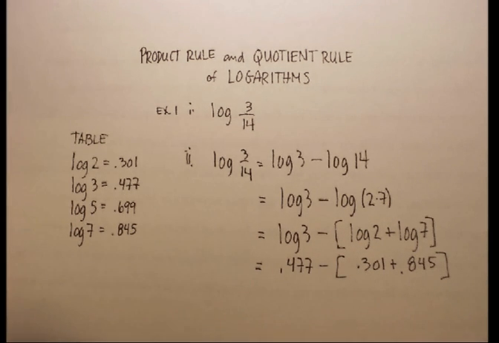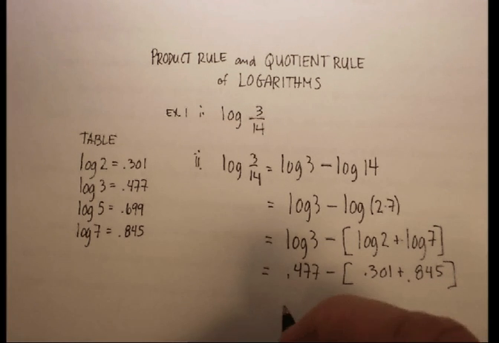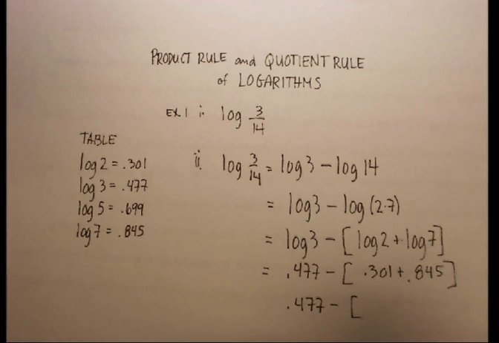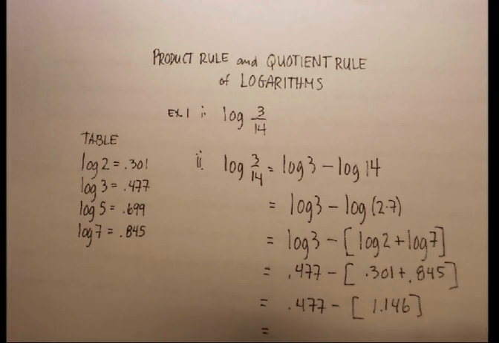Now I just happen to know when I add these two together, and again I don't need a calculator to do this, I'm going to get 0.477 minus this sum, which is 1.146, right? Then I'm going to subtract this, and again I don't need a calculator to do that. It's going to be a negative 0.669. Now there's my answer.